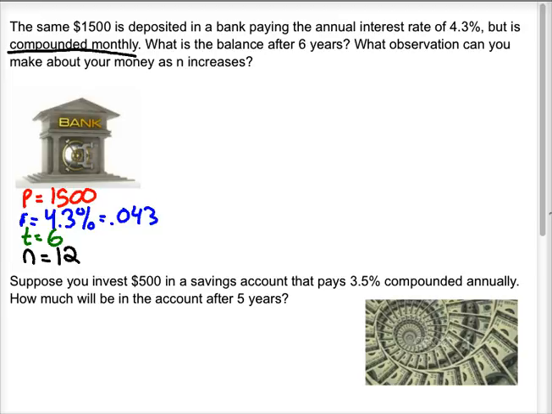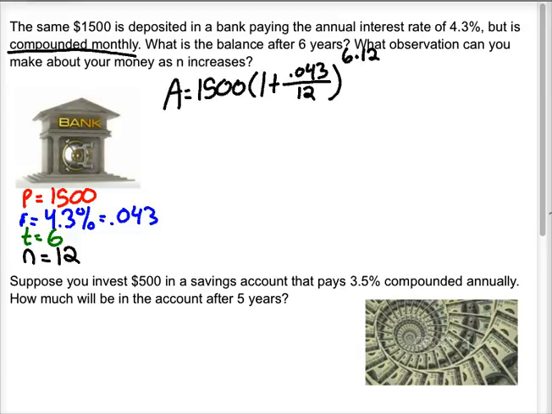So that's going to change my formula a little bit. So I'm going to have my 1,500, then 1 plus 0.043, this time divided by 12 to the power of 6 times 12. All right, now again, I would take care of that exponent first.